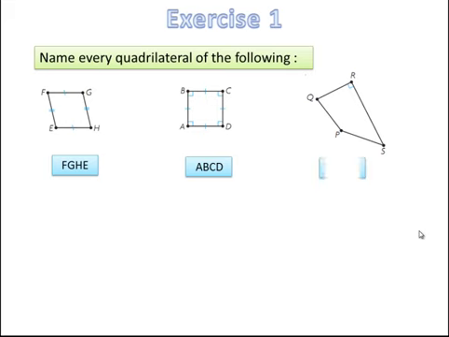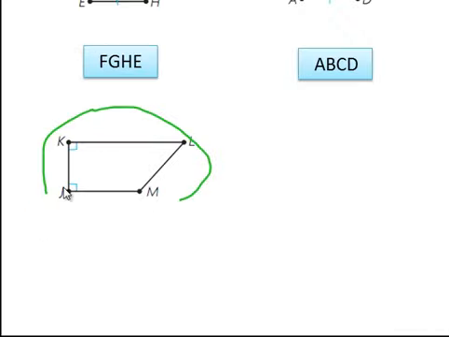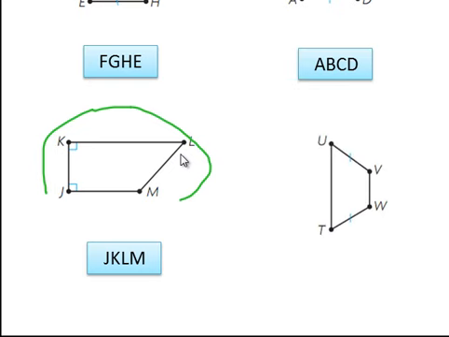Right, great. PSRQ or SRQP, as you like. Here, try to do it. Use a round way. JKLM or MLKJ. I'm gonna use JKLM, according to your alphabet letters.